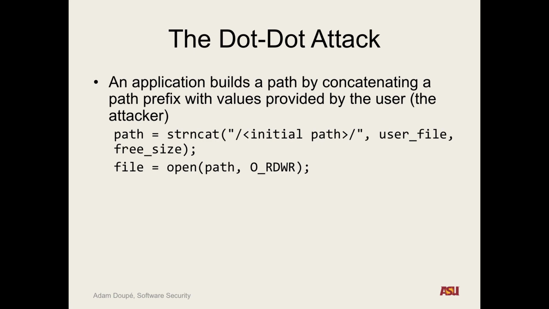There could be 1,000 different ways to write it. A reasonable assumption would be that whatever initial path is, you should probably only open files there in the initial path. But what happens exactly if the user inputs something with ... characters in it? What can the user make this program open?